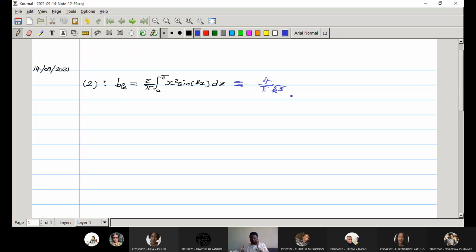Then the whole thing multiplied by minus 1 to the power of k. And what is the range of your k? k equals 1, 2, up to infinity? Yes.